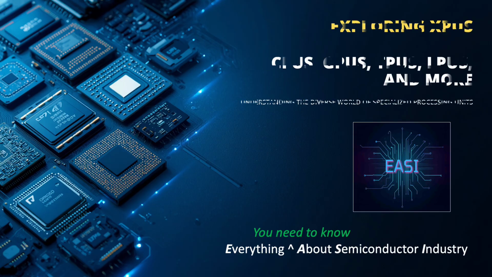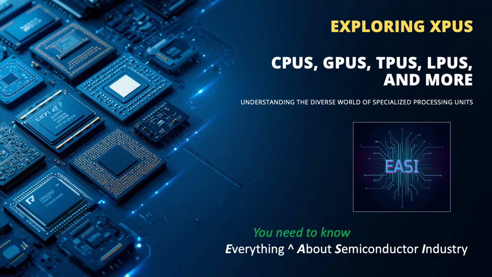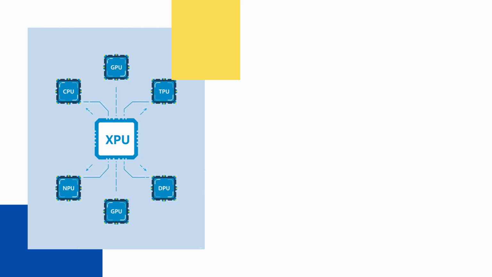So today we are going to talk about different kinds of xPUs, starting from CPUs to LPUs and many more. So let's get started. In one of our previous sessions, we have talked about semiconductor end products, the details of which you will find in the description below. Today, we will talk about different kinds of xPUs.